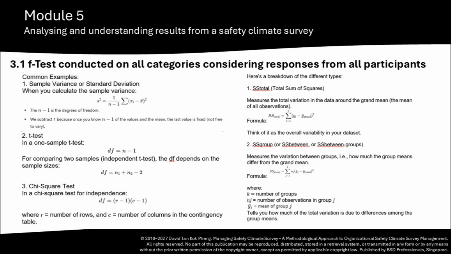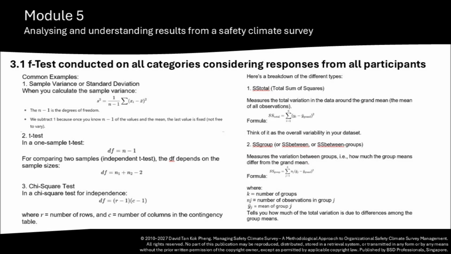In a chi-square test for independence, the degrees of freedom are calculated using the formula (R minus 1)(C minus 1), where R represents the number of rows and C represents the number of columns in the contingency table. These degrees of freedom are important because they determine the correct statistical distribution used in hypothesis testing. They also help identify critical values and calculate p-values accurately.